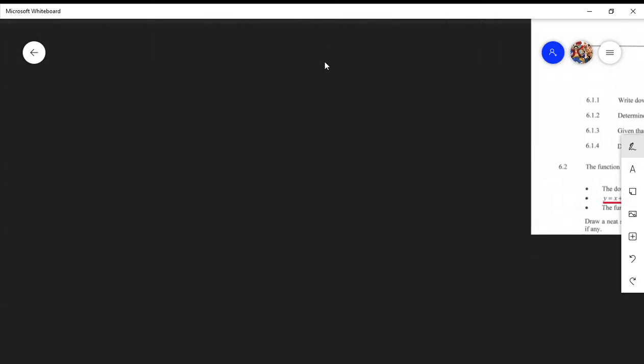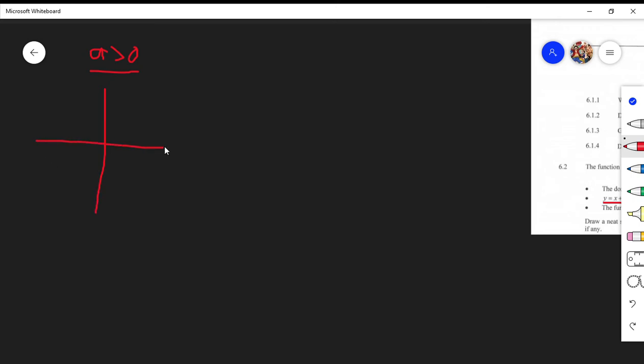So what I said before was when A is greater than 0, your function will look like this, right? Quadrant 1 and quadrant 3. But because A is positive, it's now going to have a negative gradient as its axis of symmetry.